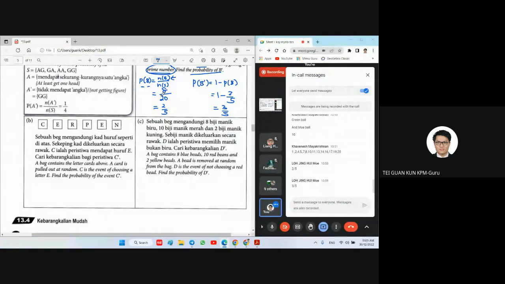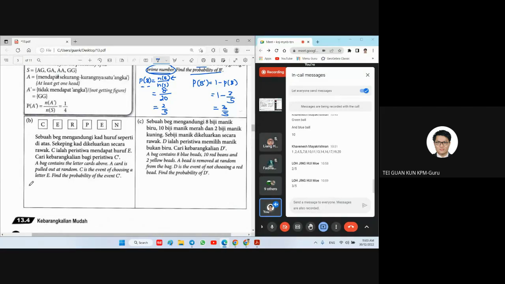A bag contains the letter cards above. A card is pulled out at random. C is the event of choosing a letter E. Find the probability of event C prime.